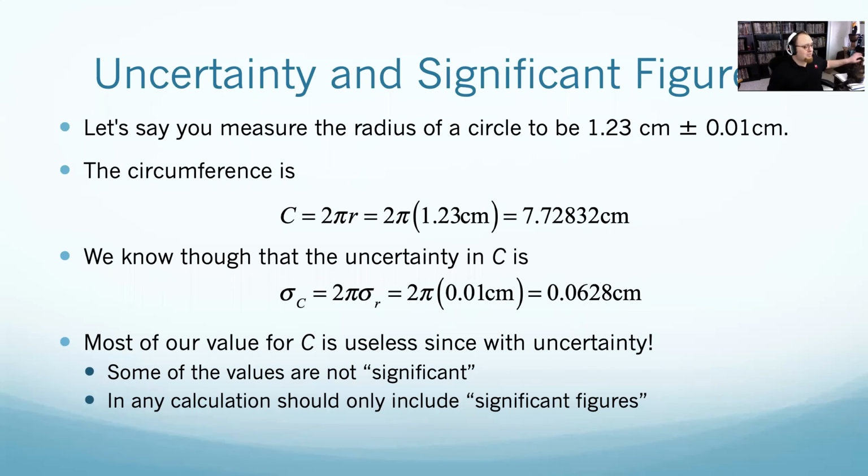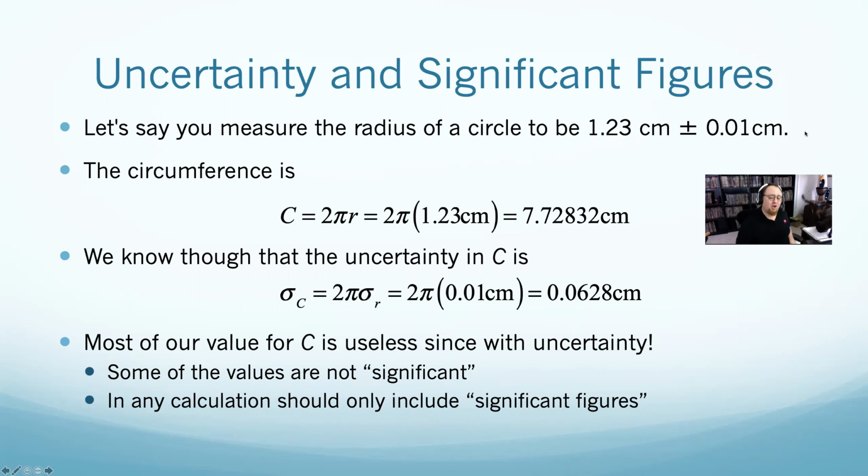And so when we do this calculation, we don't want to include numbers that don't mean anything. If the number has no meaning, it doesn't help us at all, so why bother with it? And this gets into the other idea with uncertainty. Whenever you make a measurement and do a calculation, you should keep track of how many of the digits are significant. Significant meaning they have meaning. Significant meaning they are useful. And yes, apparently the rest of today's class is going to be done with one of my 2 cats.